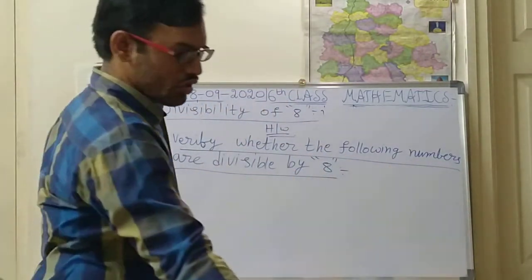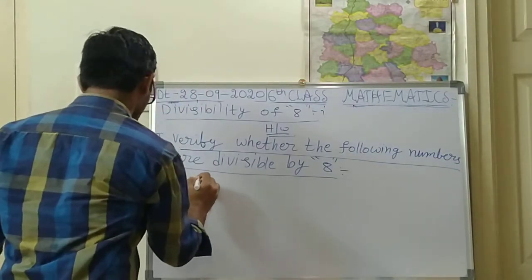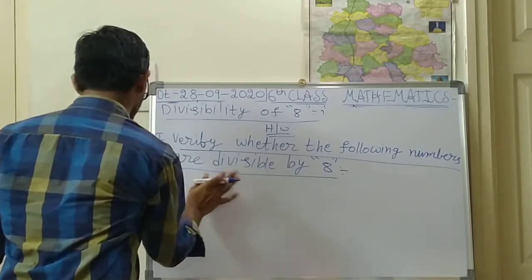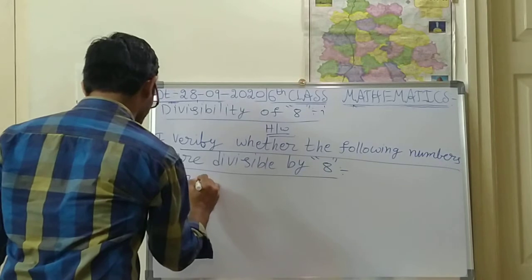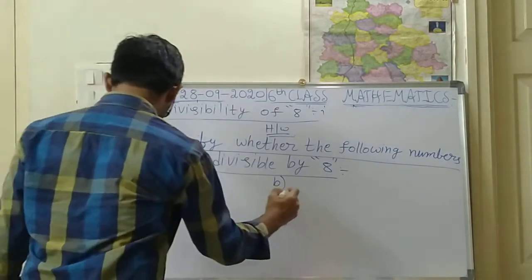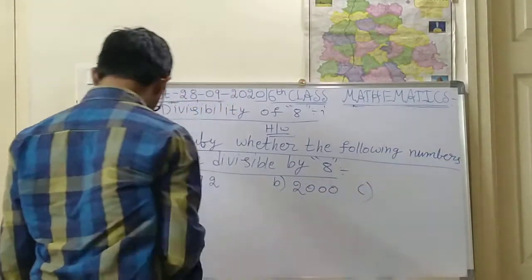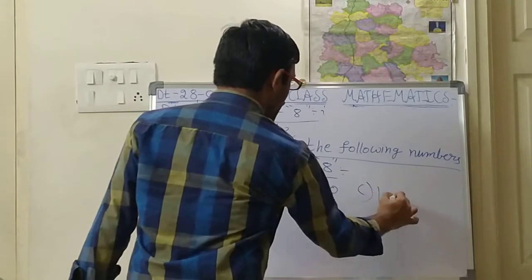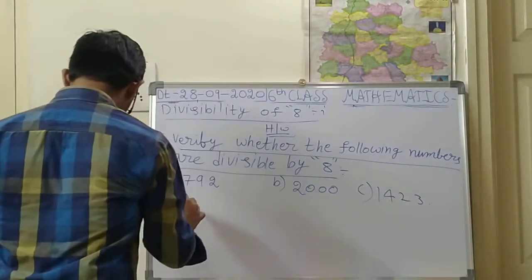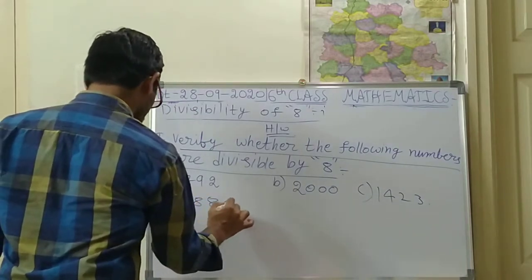First one, what is the first one? I am giving 1792. Next, B problem, 2000. C problem, 1423. Next, D problem, 2880.